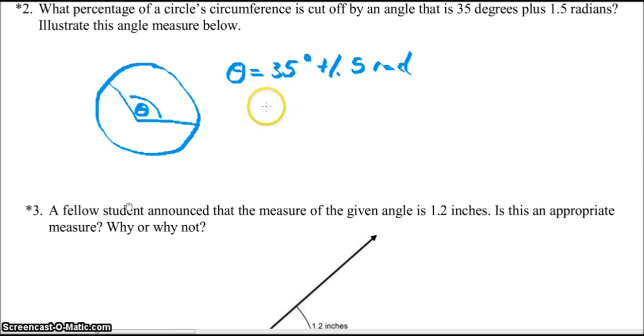Now, I don't really like having the angle with two different units, but I know that I can convert 35 degrees to radians because I know that in 180 degrees there are pi radians. Computing that, I get something close to 2.11 radians.